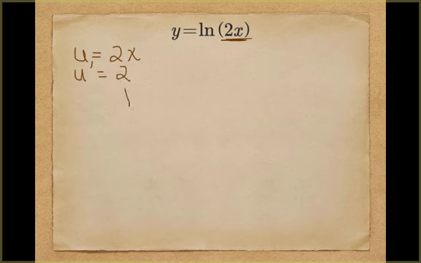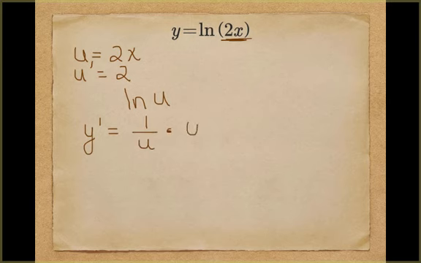So now I have the natural log of u, which we know the derivative, so y prime, when we look at this for y prime, it's 1 over u times u prime.